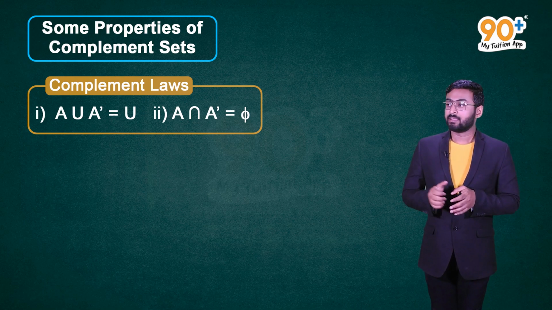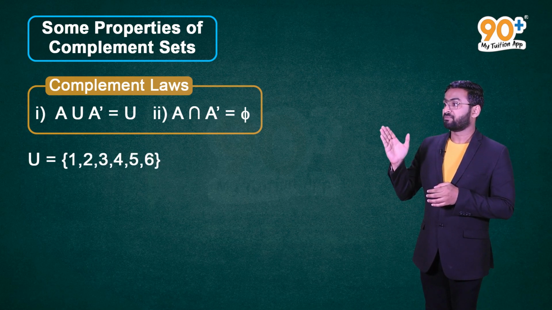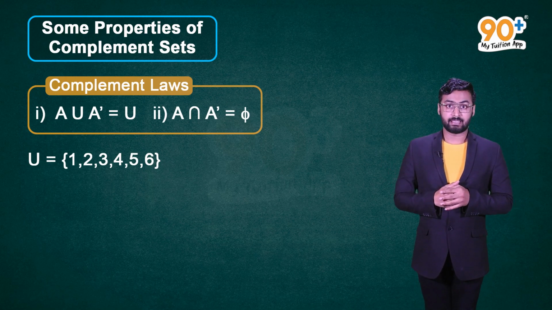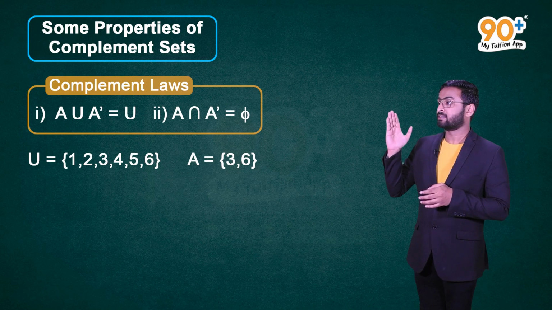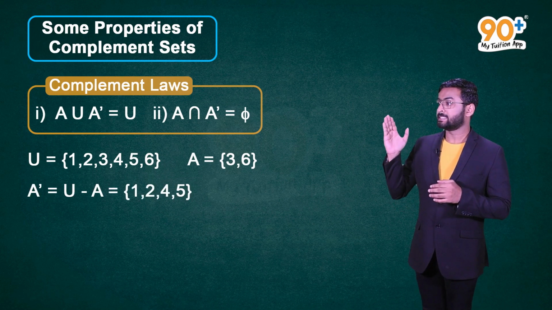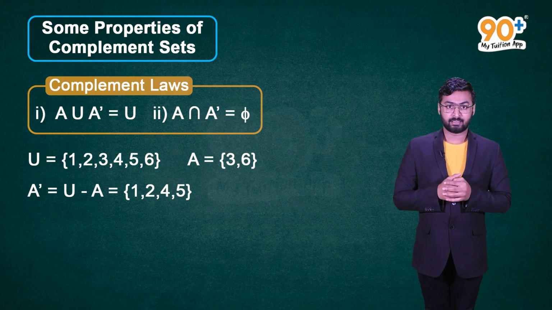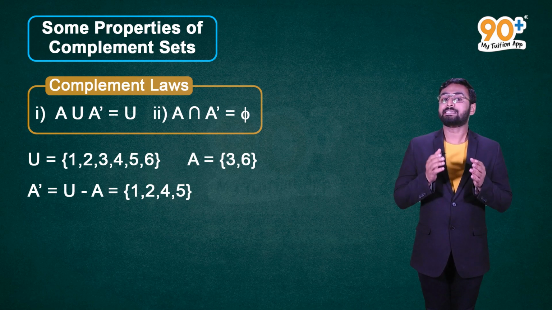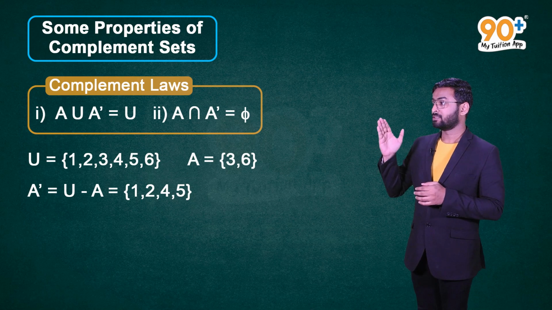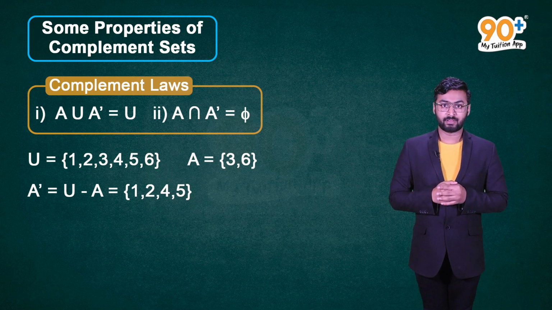Consider the universal set U, set {1, 2, 3, 4, 5, 6}, and A equal to set {3, 6}. Here A complement is equal to U minus A, and that is the set of elements which belong to U but do not belong to A, and that is set {1, 2, 4, 5}.